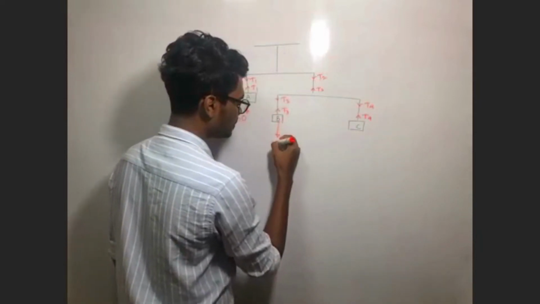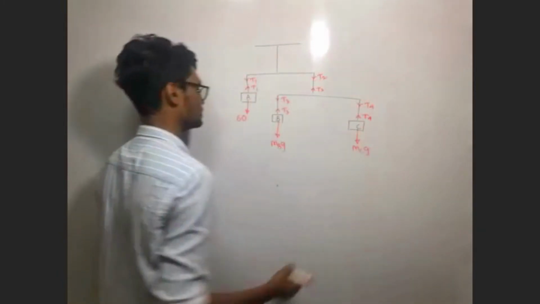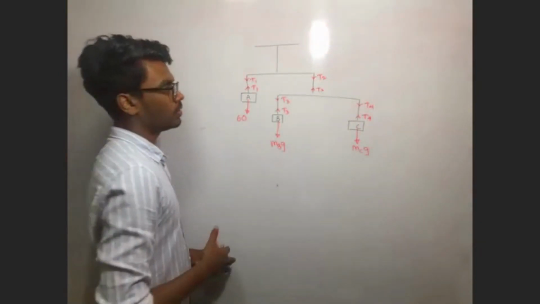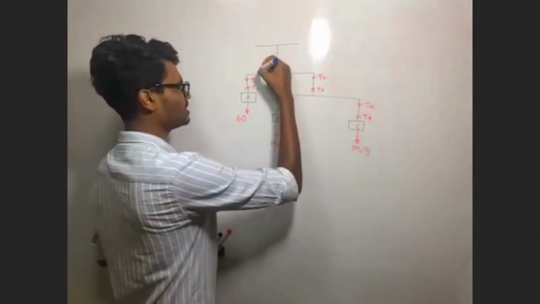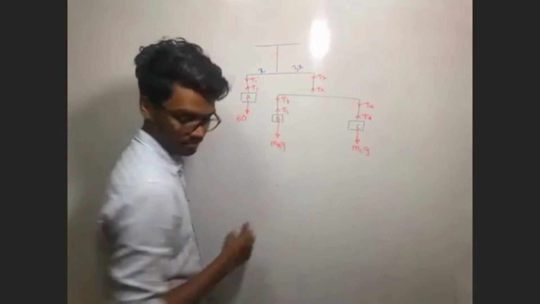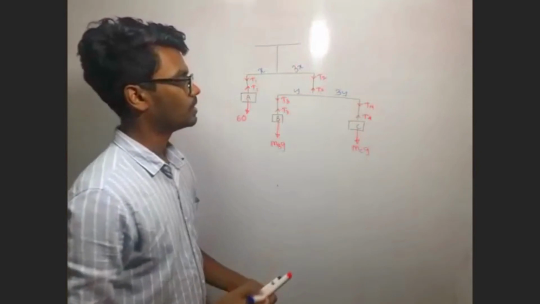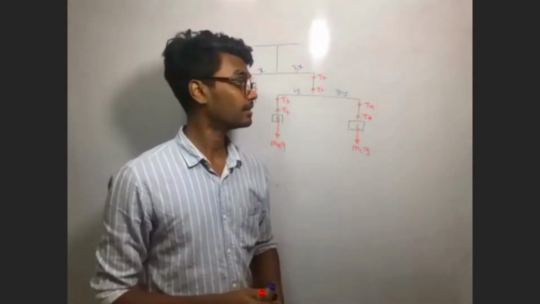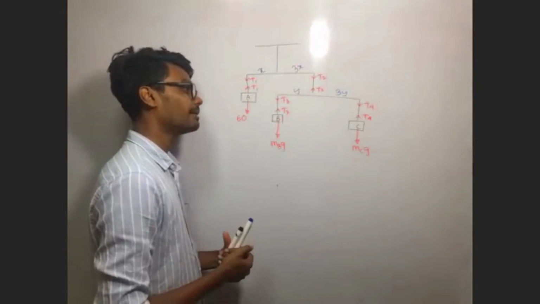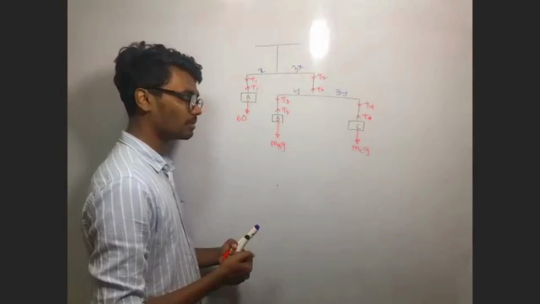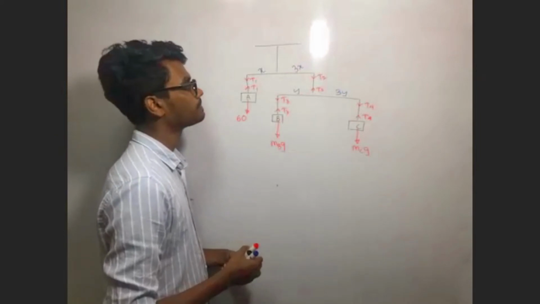This is, let's assume, MBG, MCG, right? They have also given the ratios of the distances. This is X, this is 3X, this is Y, this is 3Y. One thing that we need to notice, here we can't apply equilibrium and solve the question. So we'll have to go through a moment. This is a moment problem.